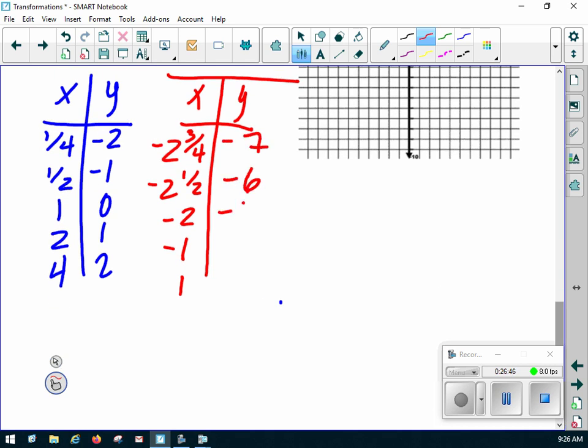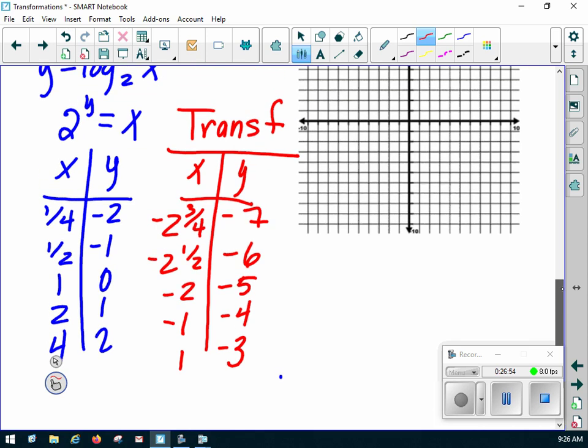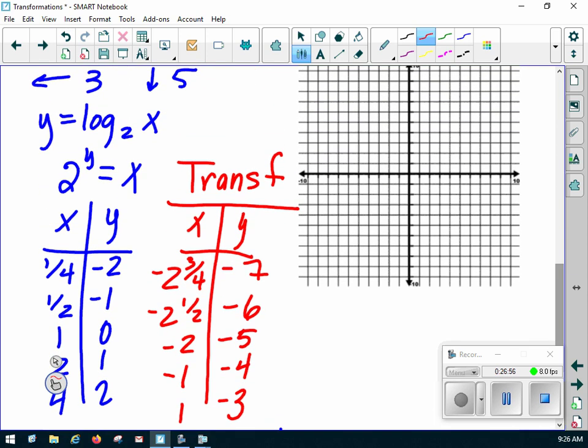Yes. Plot them. Negative 2 3/4, negative 7. Negative 2 1/2, negative 6. Negative 2, negative 5. Negative 1, negative 4. And 1, negative 3.